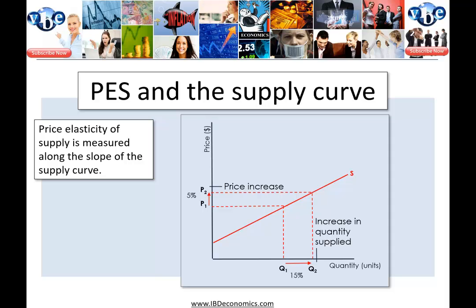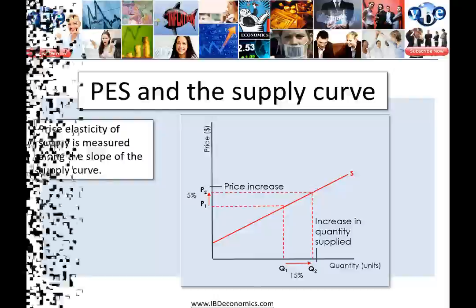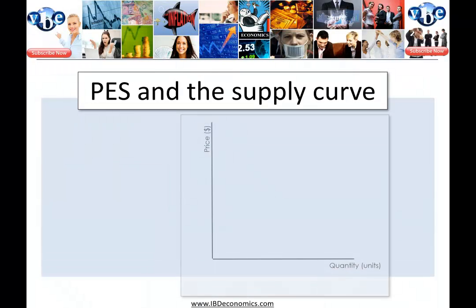In this case, a price increase from P1 to P2 of 5% led to an increase in quantity supplied from Q1 to Q2, 15%. So this would be relatively elastic supply. The change in quantity supplied is proportionally greater than the change in price.